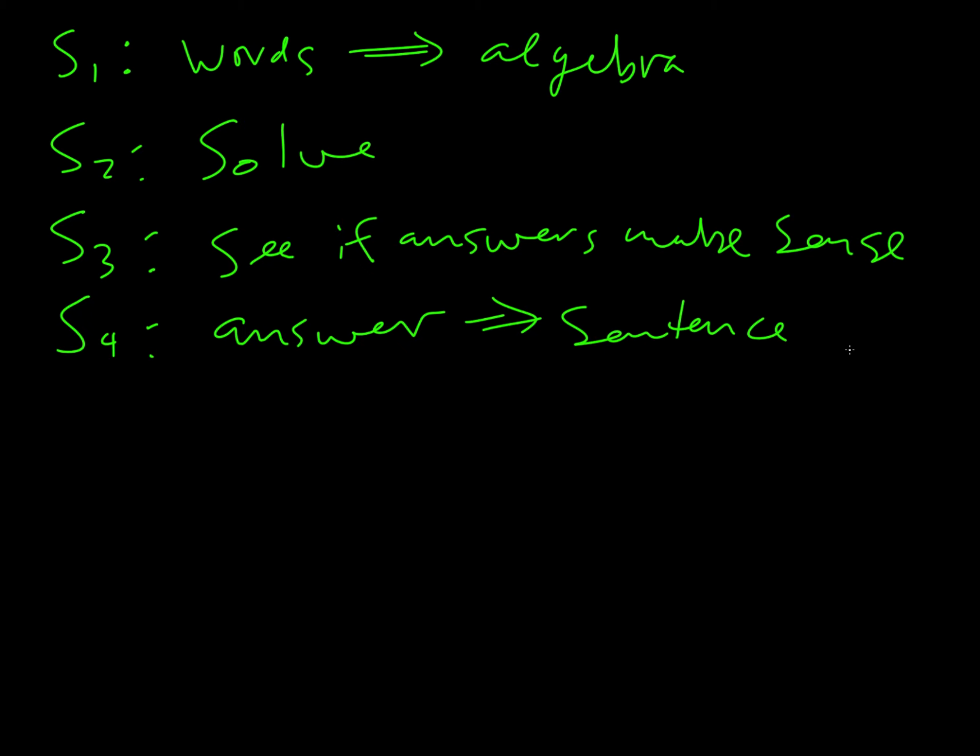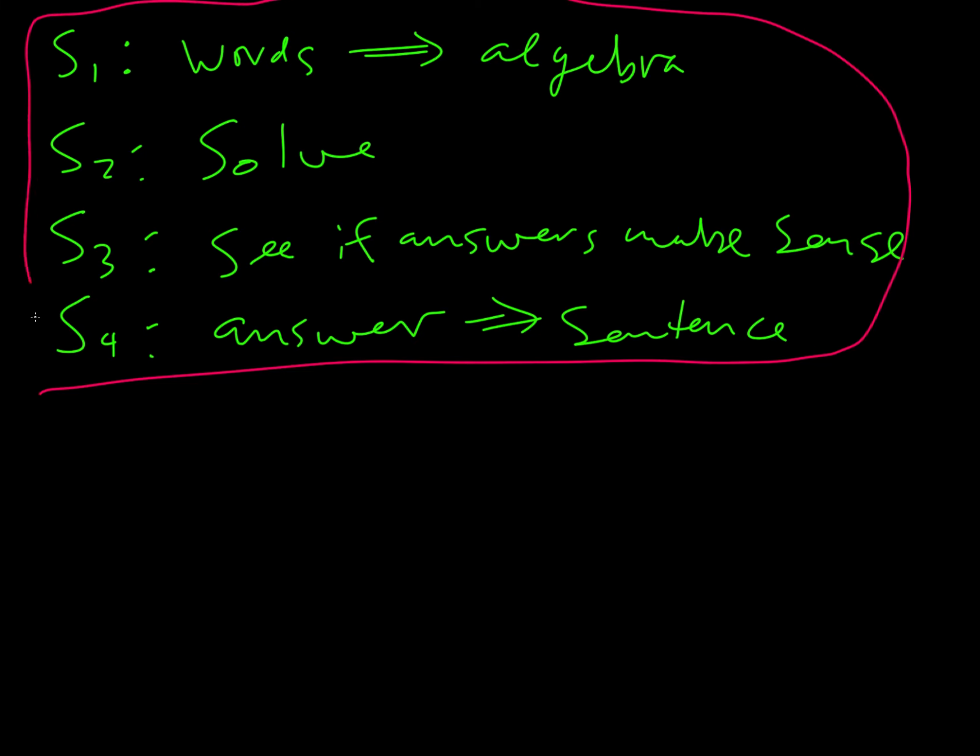So reread what they're asking for, and then directly answer the question that they ask. All right, so those are the suggestions of the book. I think they're pretty straightforward and might be how you would have approached it anyway.